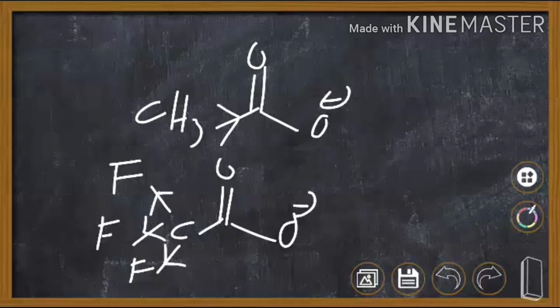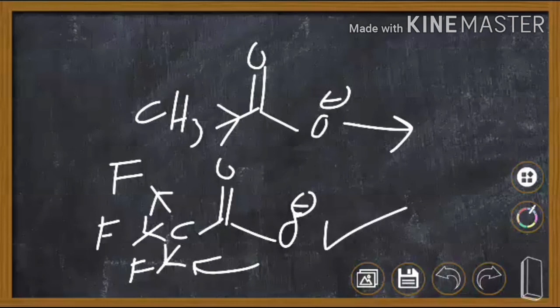So what will happen in this situation? CH3 will donate electron density towards this oxygen, and this negative charge will intensify. While in this situation, this fluorine will attract electron density towards it, so it will try to vanish this negative charge. That's why this anion is more stable, and the other one is least stable.